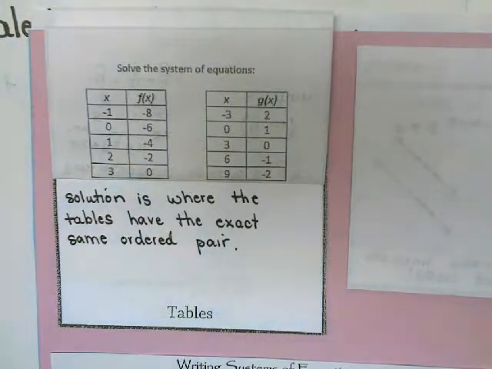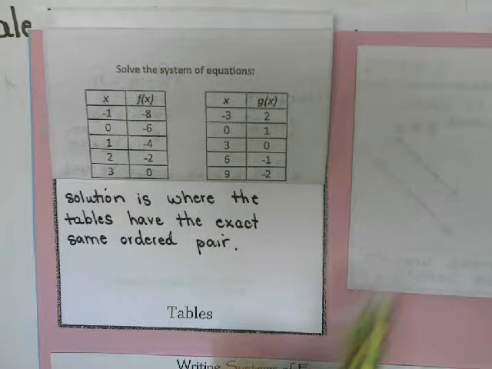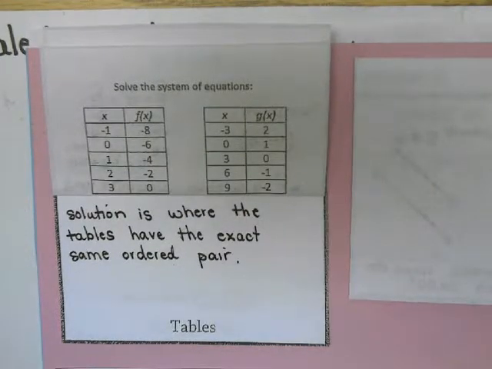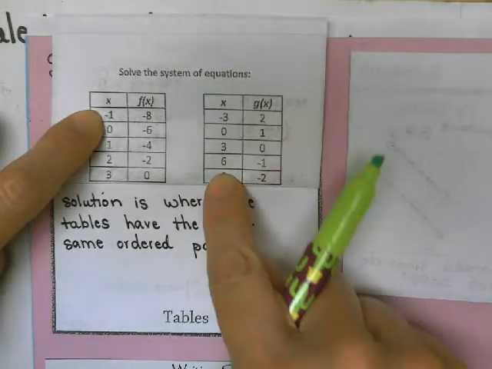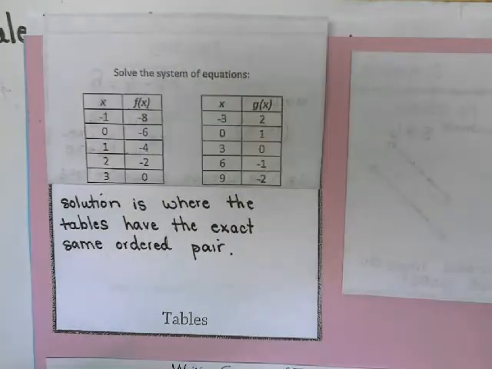So if I look at my table, I'm looking for where does this table and this table have the exact same ordered pair. So -1 isn't even over here. We got a 0. It's not the same.